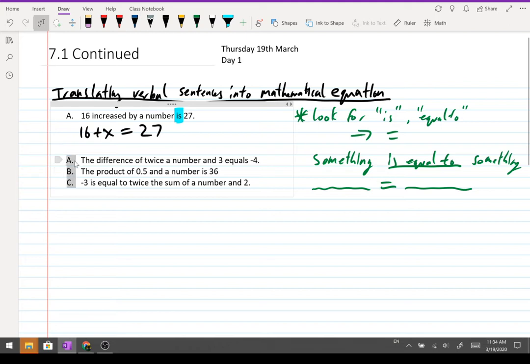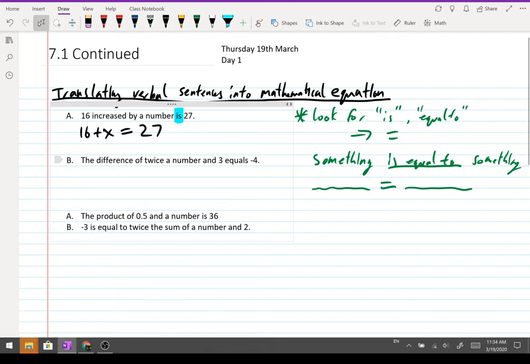Next is B. The difference of twice a number and 3 equals -4. So yep, we're looking for the equals over here, basically "is equal to". And so the other side will be equal to -4. That's the easy part.